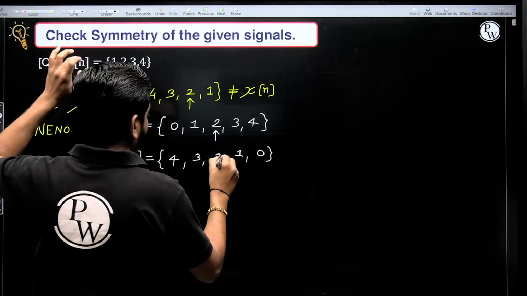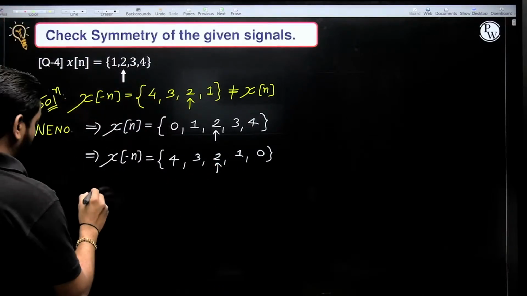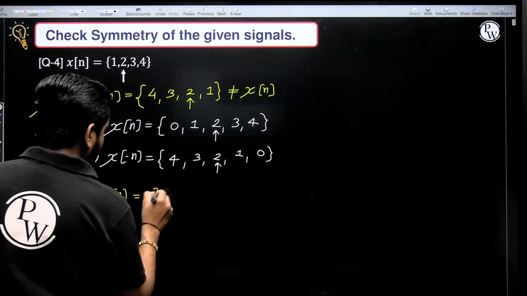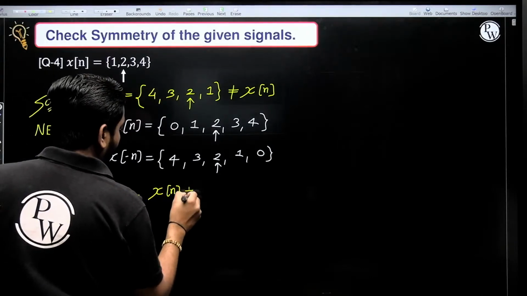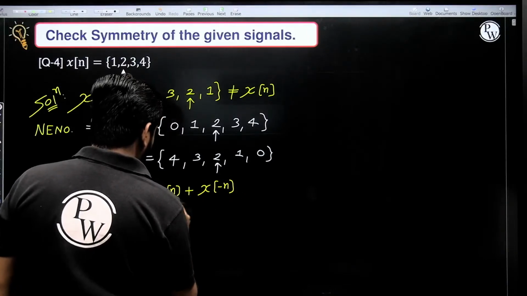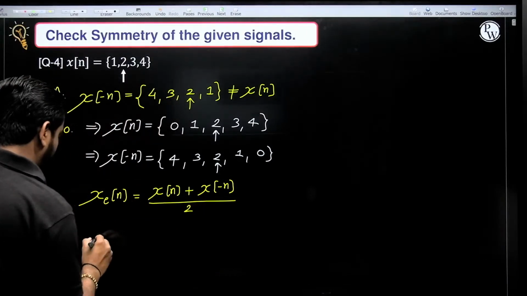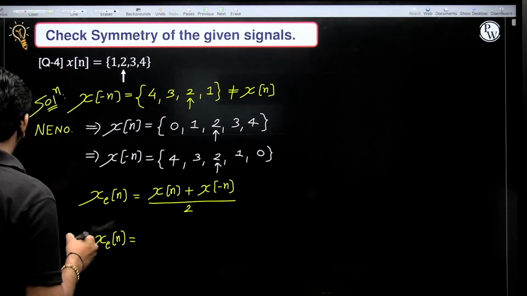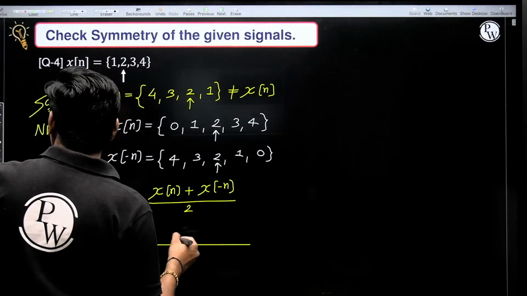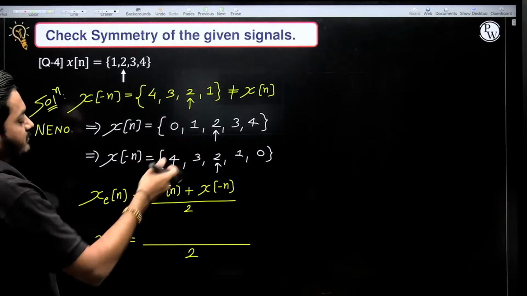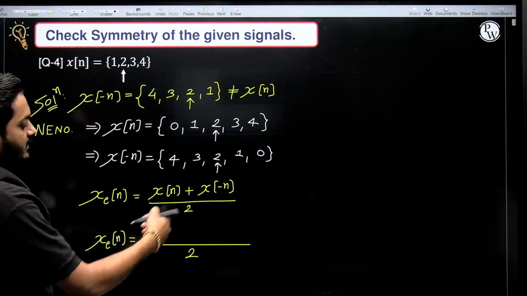Okay. Now, how to find even part? Even part formula is x of n plus x of minus n whole divided by 2. See here. Now sample by sample you have to add the amplitudes and divide by 2.